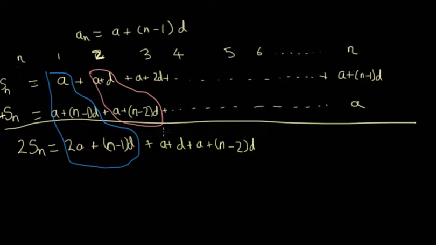Now that looks messy, we'll come to it in a minute. And then right at the end we will have our 2a plus n minus 1d.